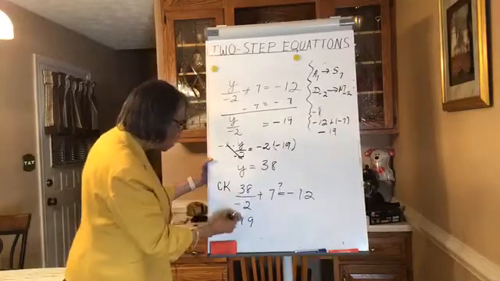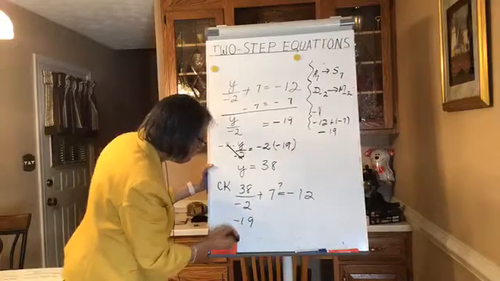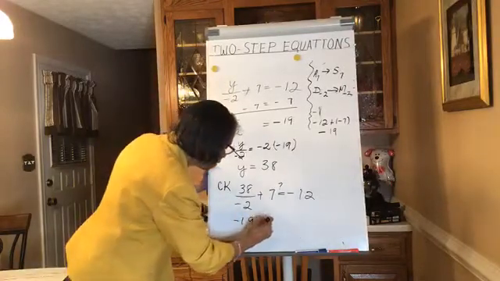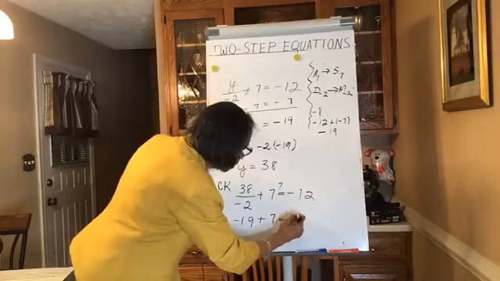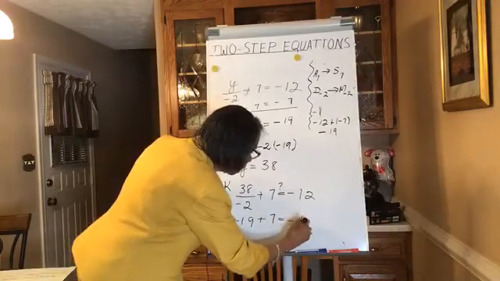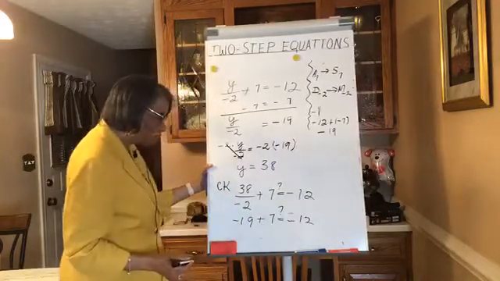Okay, the sign is negative because we have a positive and a negative. All right, plus 7 equals negative 12. Okay, we're still questioning. We haven't decided that's right.